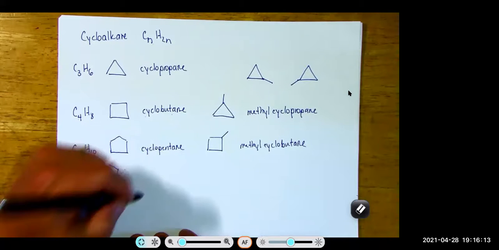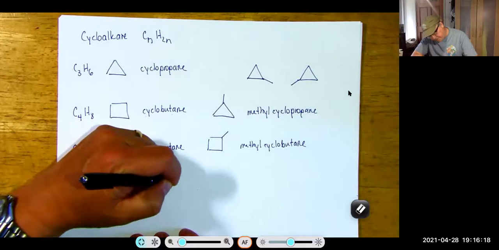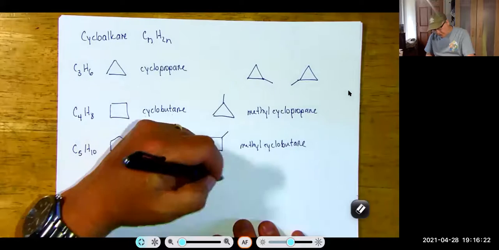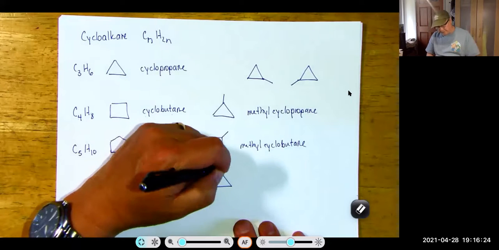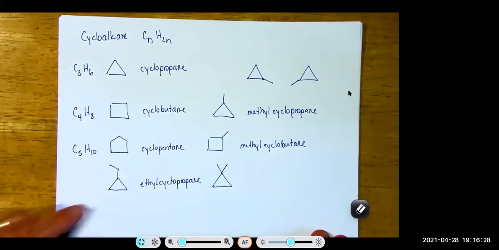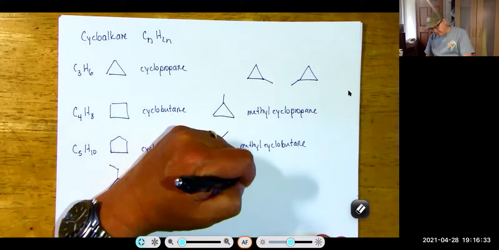Ethylcyclopropane. That's correct. Excellent job. Now, we could also do this. What would we call that? Dimethylcyclopropane. Actually, we would call it 1,1.